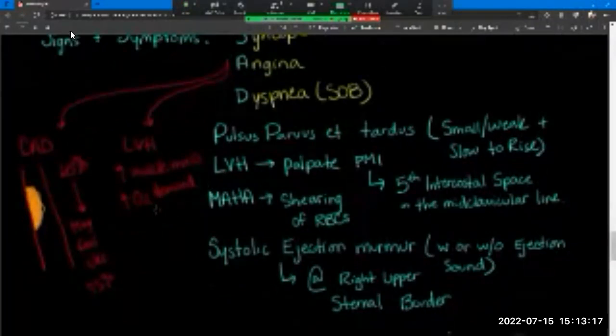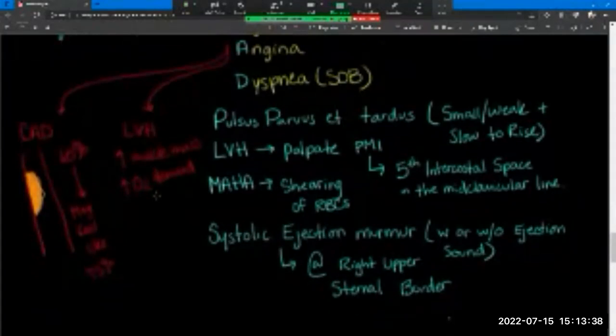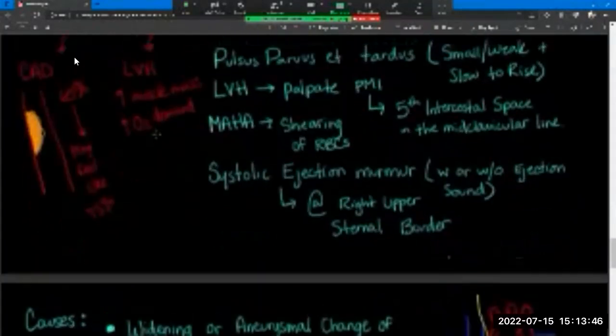We can also find it out because of the pulsus parvus et tardus. Parvus is like slow, and tardus is late. So it's weak and late, small and weak, slow to rise. Also, we have the MAHA, which is the shearing of the red blood cells. And in the systolic ejection murmur, with or without the ejection click, it can be heard in the right upper sternal border.